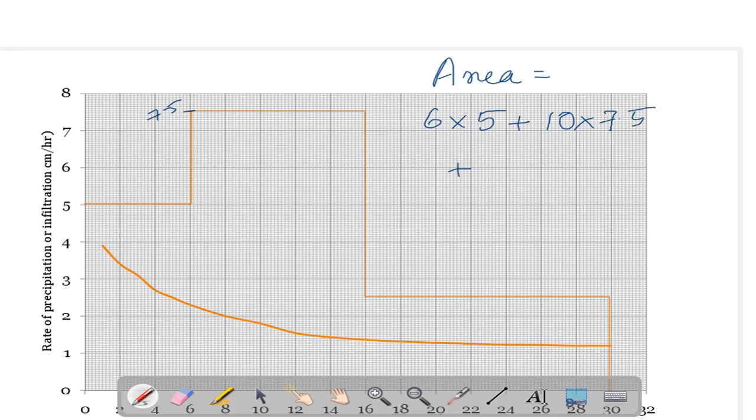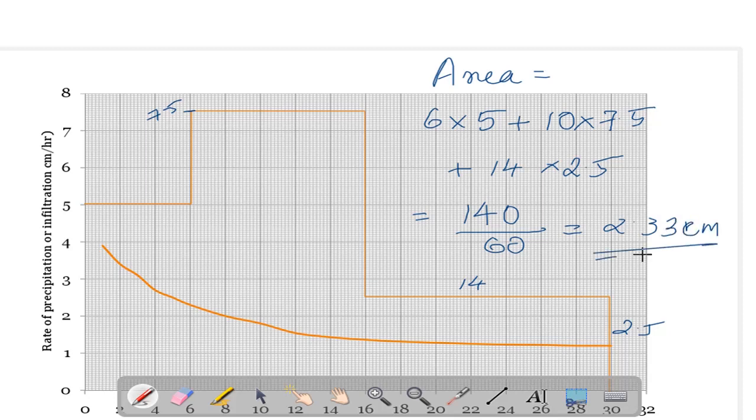Plus this is 2.5, and 16 to 30, this value is 14. So 14 into 2.5. So you will be getting 6 into 5, and the total is 140, total area divided by 60. We are converting that into hours. It is 2.33 centimeter. This is the total rainfall.